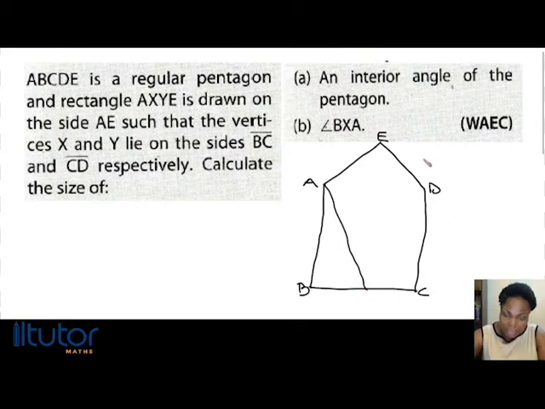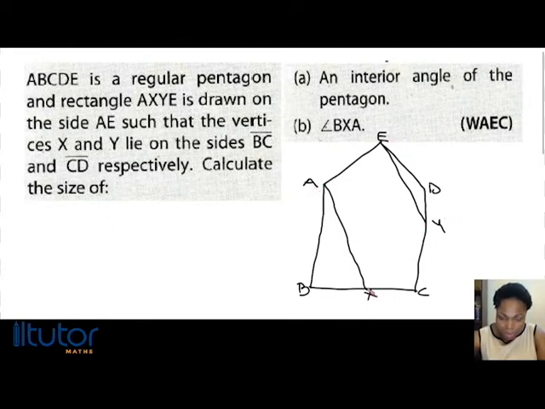Look at line CD. Okay, so we have it this way. This is a rough hand sketch, it's not a perfect drawing. So this is X, and then we have another line here on line CD, and this is Y, so that you have this rectangle AXYE.